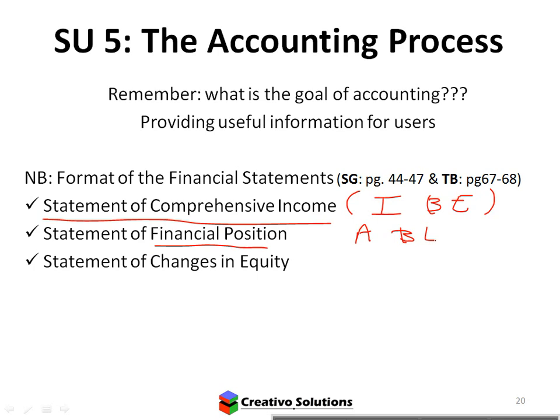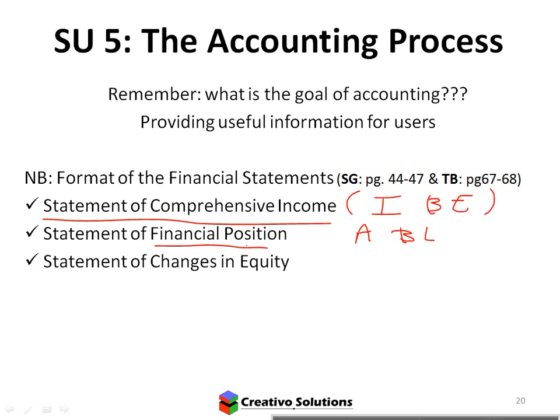Let's say we have 2 million assets but 3 million liabilities. Bad financial position. What happens if we have 1 million assets and 0 liabilities? Good position. So financial position looks at assets and liabilities and determines your financial position, good or bad.